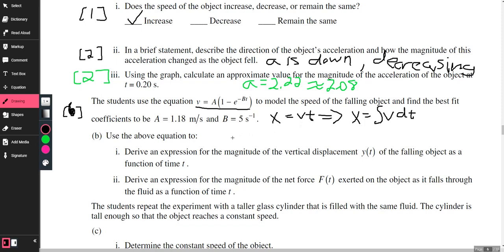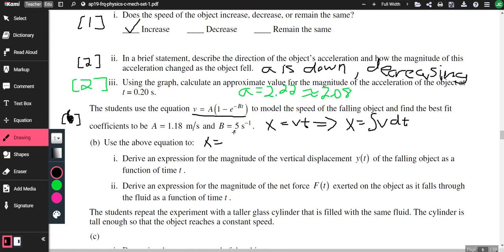So if I do this, we're going to take the integral of a times 1 minus e to the negative bt, all with respect to time.